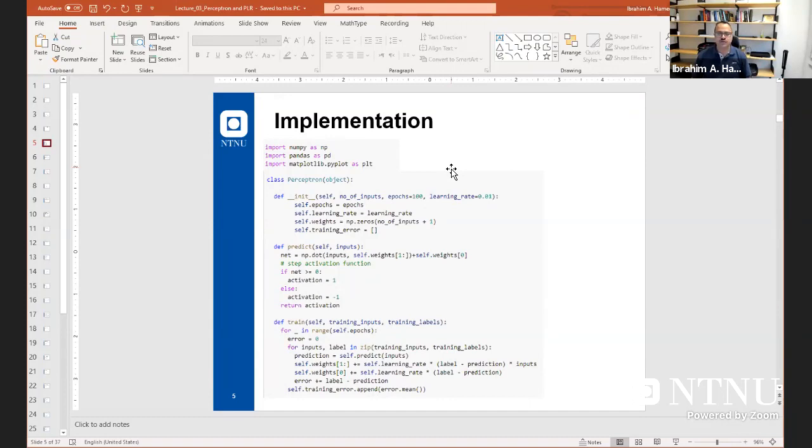Because we can just keep oscillating across it and never reach it at all, right? So it's important to start with a large value and decrease it with the number of epochs or iterations. But anyway, the number of epochs and the learning rate are hyperparameters.